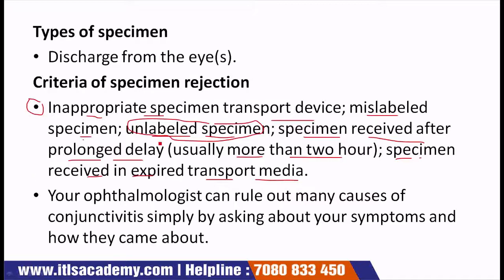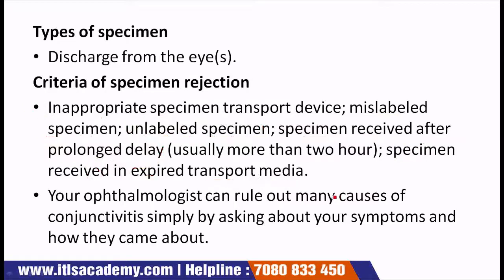If there is a prolonged delay, there is a higher chance of rejection. And last but not least, specimen must not be expired. Specimen must reach the laboratory in appropriate time.